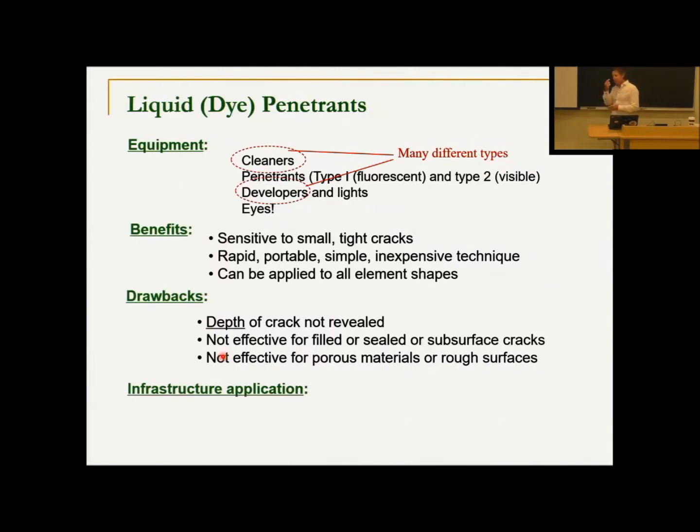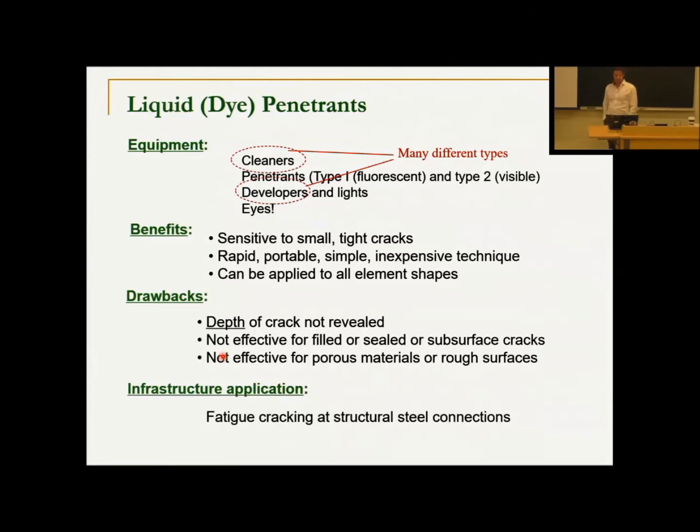And if the crack is inside, a totally internal crack, of course this method doesn't work, or if it's sealed because it's dirty or painted, then it does not work. Also, this method doesn't work well for porous materials. So if concrete, for example, absorbs dye in its pore structure, it will always reveal that color. The color isn't wiped away and you don't see the cracks that are left behind.